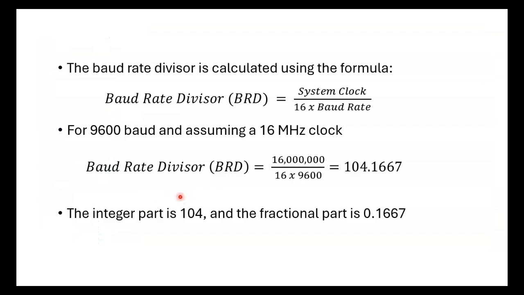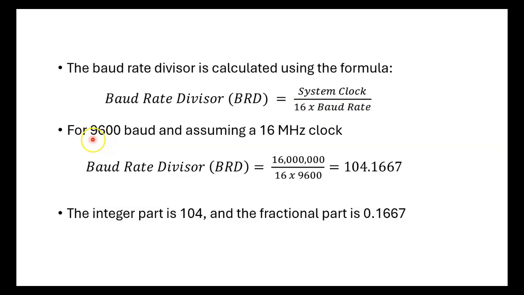Now, in my previous videos, I have not explained the integer and fractional part of the baud rate. So let me take this opportunity to explain it. The baud rate divisor is calculated using this formula: baud rate divisor, or BRD, equals system clock divided by 16 multiplied by the baud rate.